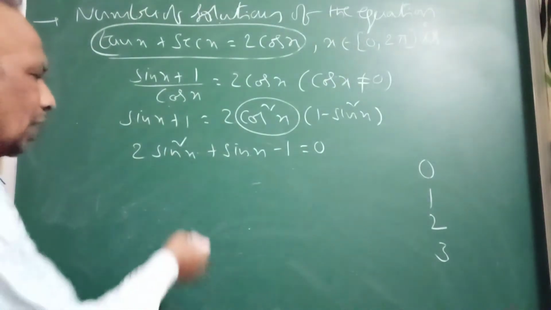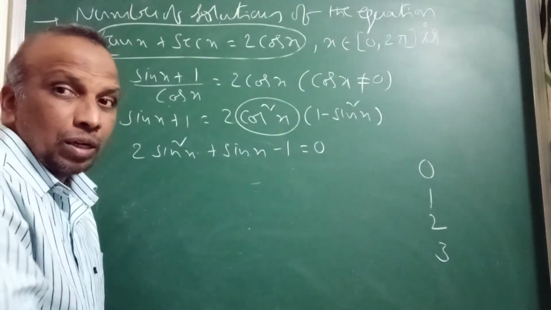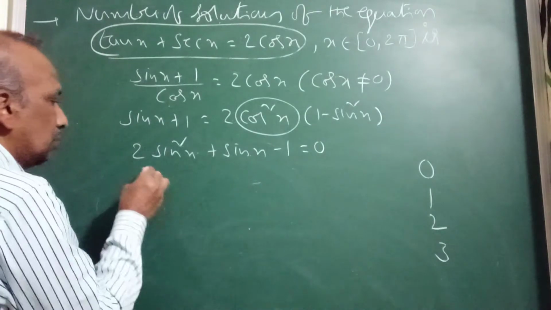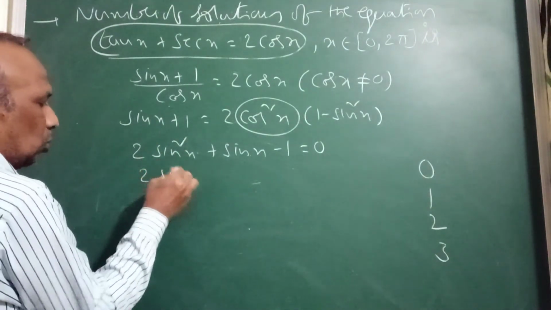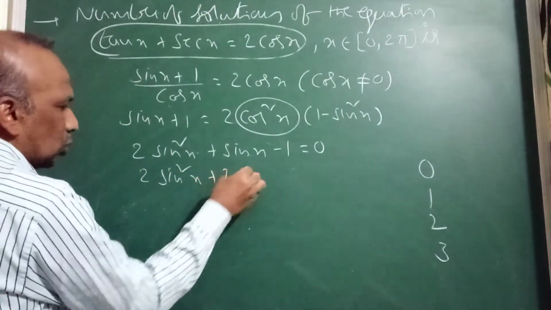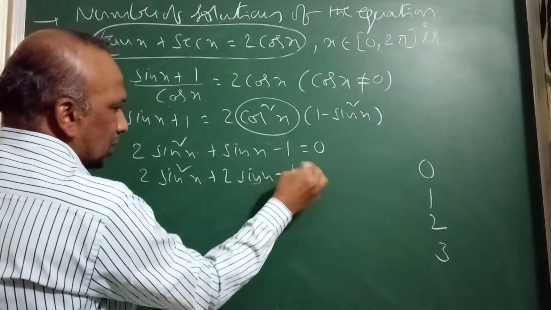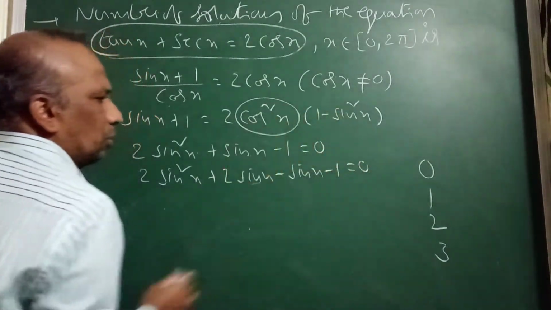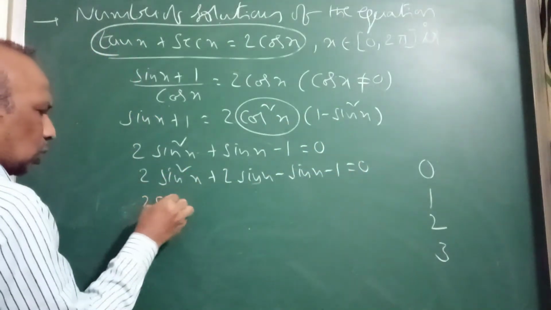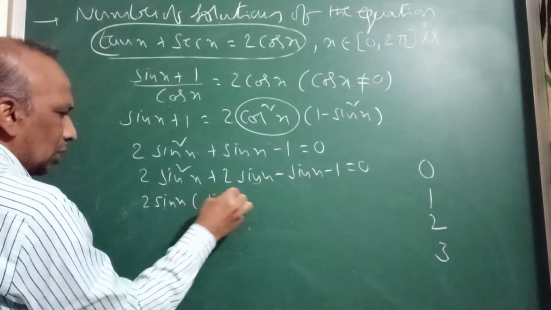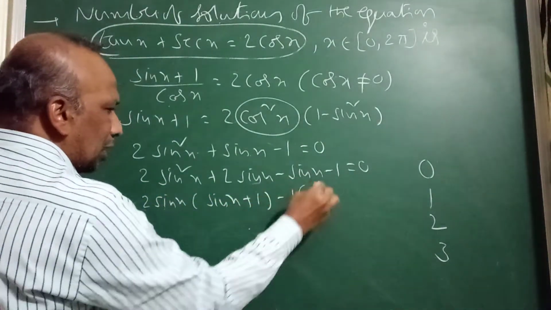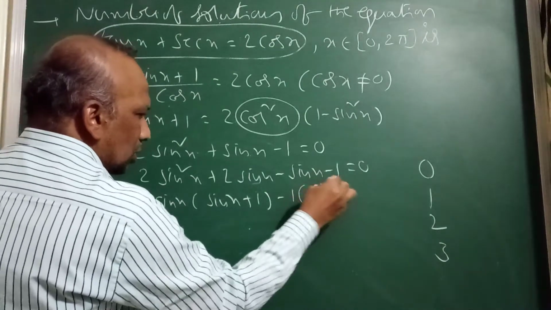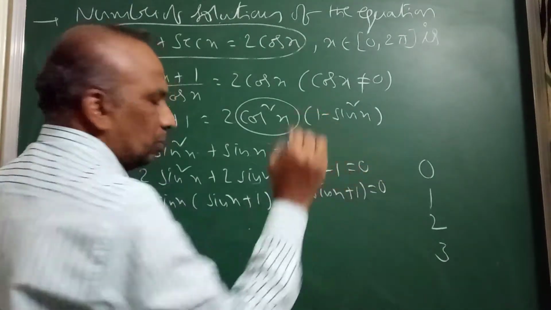I can find the factors of sin x: 2 sin square x plus 2 sin x minus sin x minus 1 equal to 0. Take 2 sin x common, it will be sin x plus 1. Take minus common, it will become sin x plus 1.